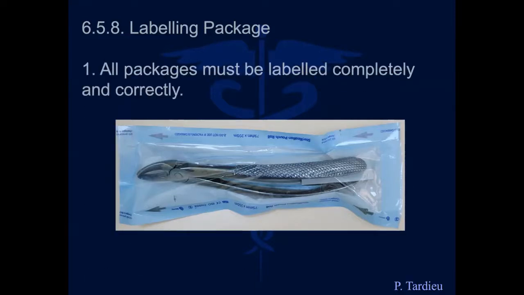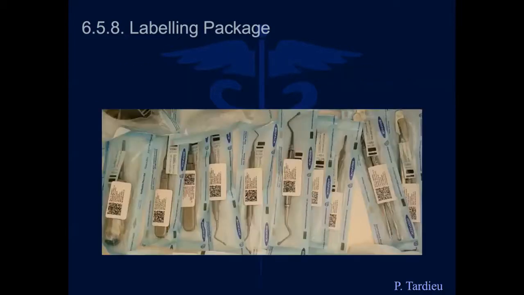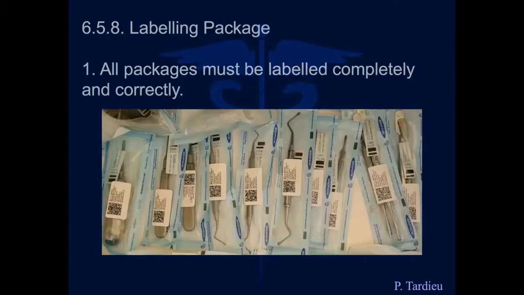All the packages must be completely and correctly labeled. So we're going to see in detail what they intend by completely and correctly labeled. Like this is one of my drawers. All my instruments are labeled in such a way. So we need to work this way.